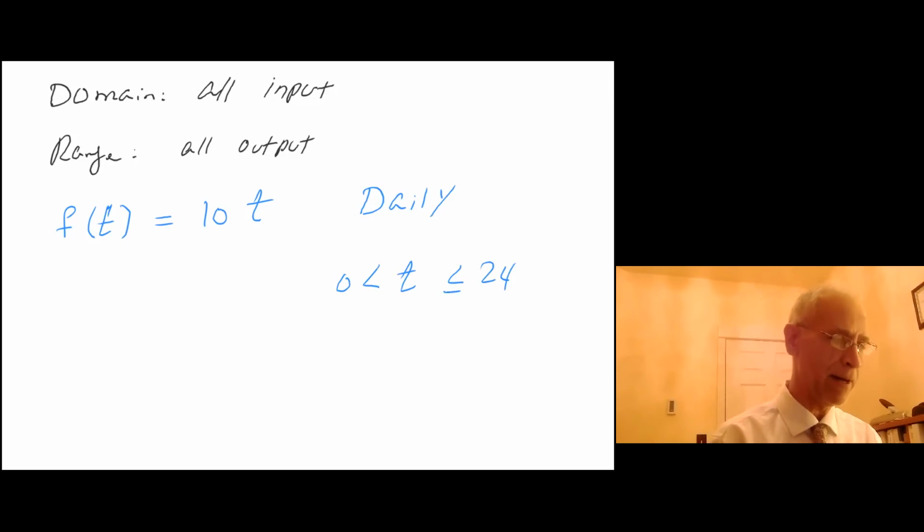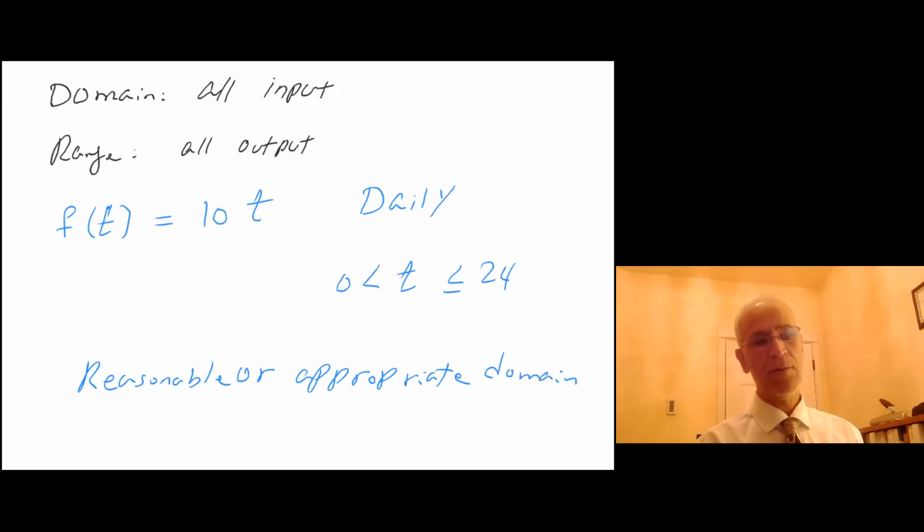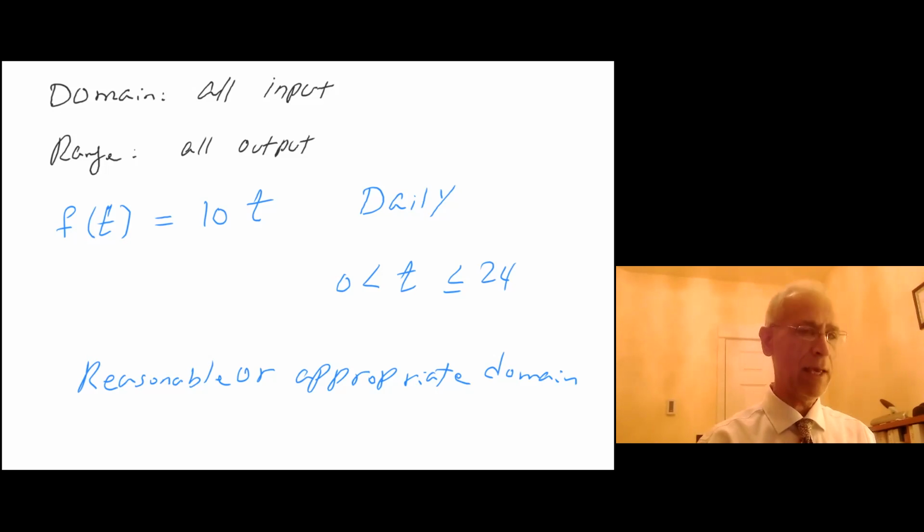So we call that a reasonable or appropriate domain. Once again, the important thing is to remember that the domain is all sets of values for input, and the range is all sets of values for output. Okay, thanks.